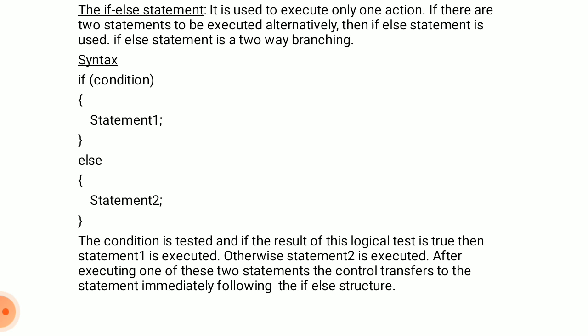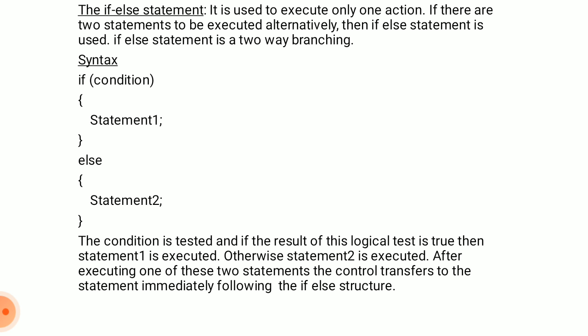The syntax is: the if keyword, then in parentheses the condition, then an opening brace, statement 1, and a closing brace. If the condition is true, if the condition is satisfied, then control enters the block and executes statement 1.